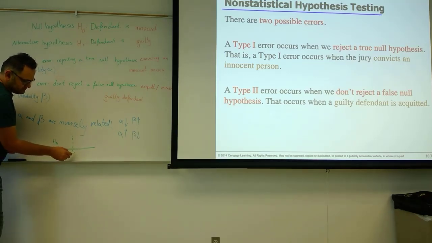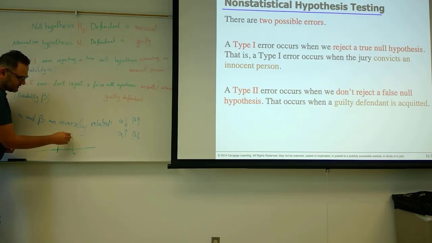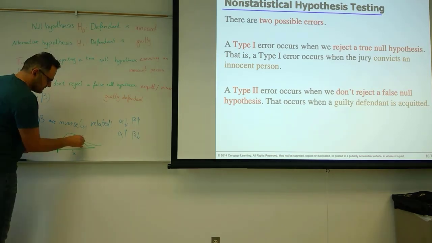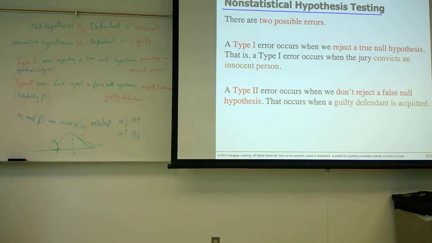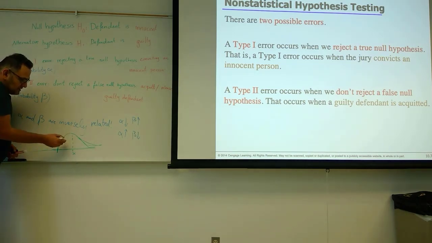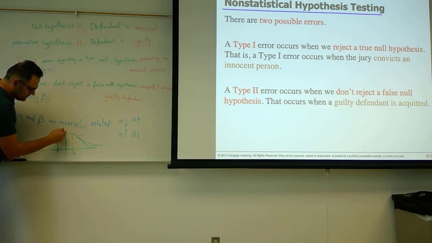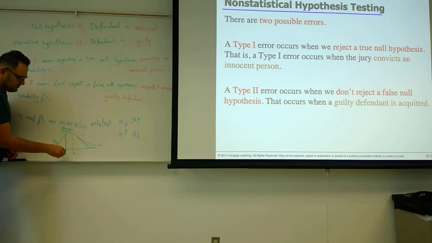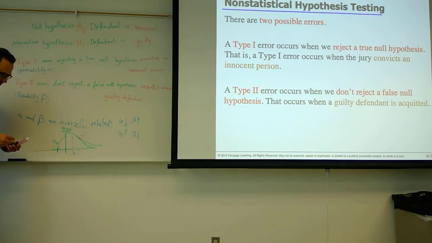I call it X. So we have again a normally distributed sampling distribution. And now if we take a sample, our sample ends up being, let's say, this value. I call it my sample mean. My sample mean is this value, right?